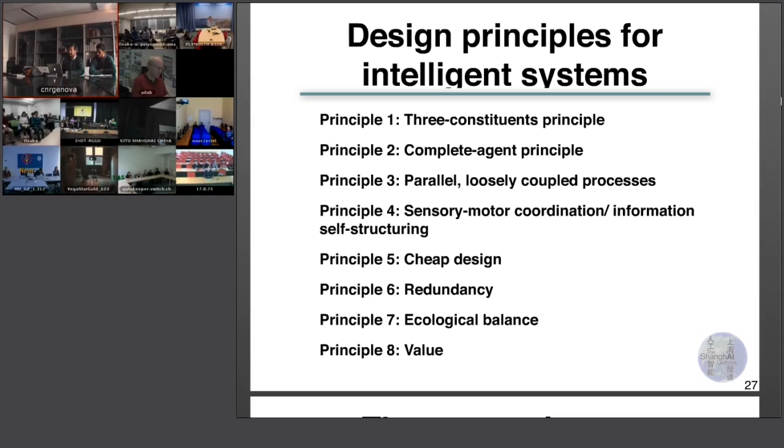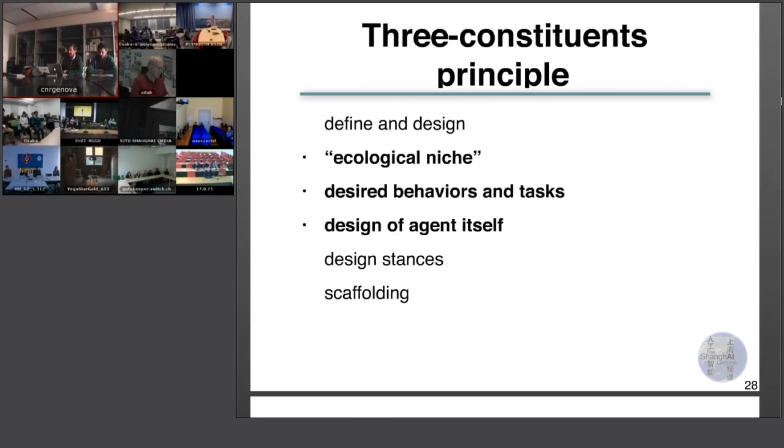So let's discuss the principles that we should follow in the design. We will see them maybe not all today, but in the next lecture too. The first of these principles is the three-constituents principle, as Rolf calls it in our course handbook.